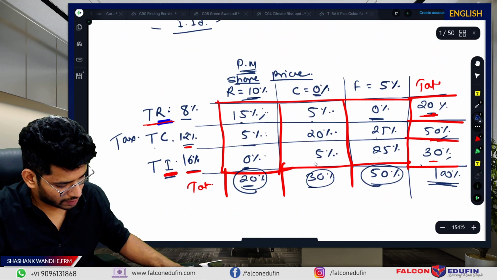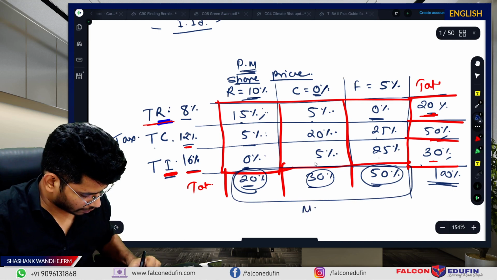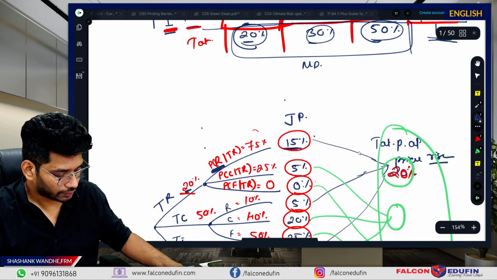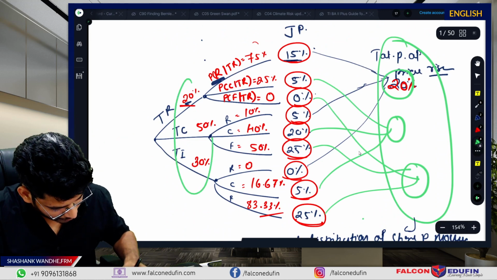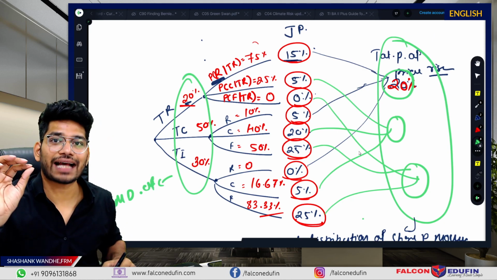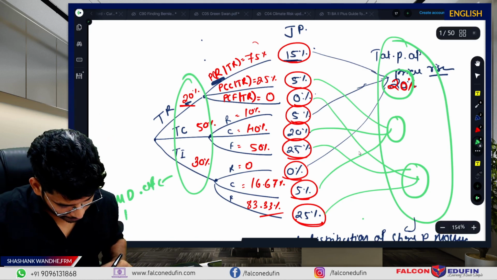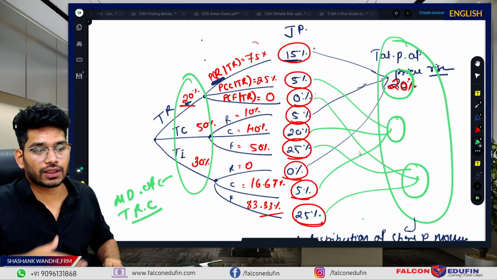And we already have this. Just see here, share price movement, this marginal distribution. This is the marginal distribution of what? Tax rate changes. TRC, tax rate changes. Simple.